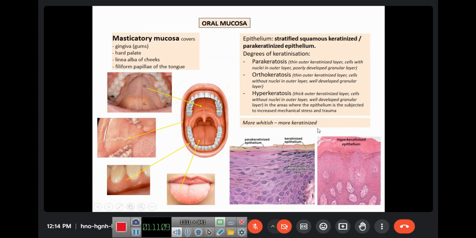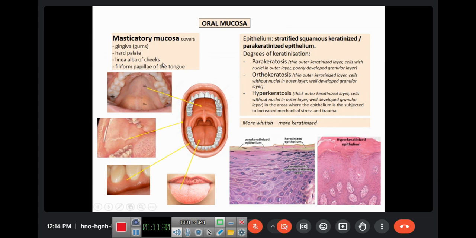Keratinization is the way of protection of mucosa against mechanical stress. So in the area where we have higher mechanical stress, the epithelium will become more keratinized and more white in color. So this is what we see in this area of the linea alba of the cheeks.